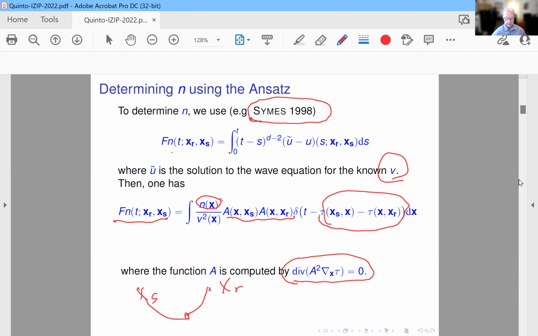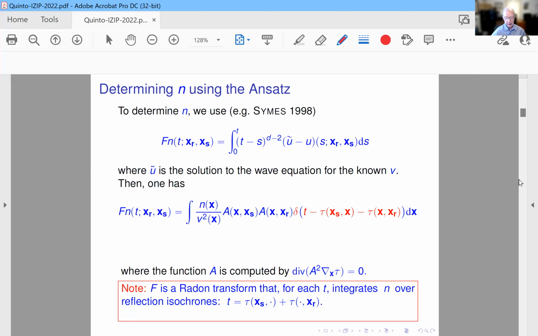Good. Okay. And this expression shows that F can be viewed as a Radon transform. Namely, this delta says that we integrate over these isochrones, namely the curves t equals tau of xs to x plus tau of the point x to xr. So we integrate in the plane over curves and over surfaces in R3.